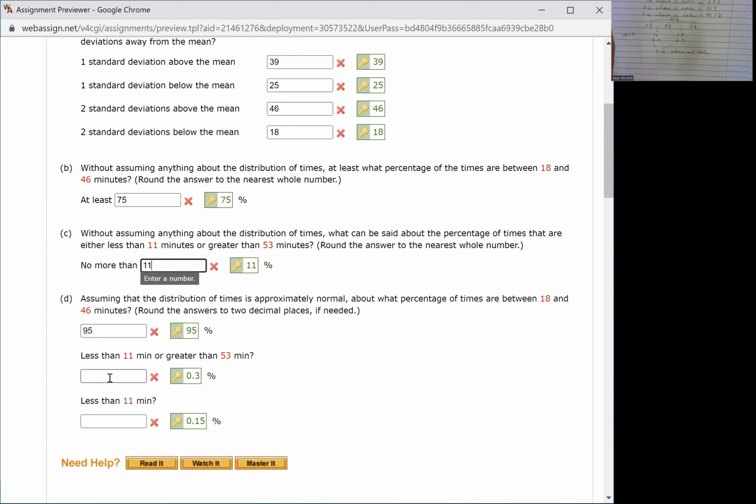Okay, now, less than 11 and greater than 53. That's outside the range. So what we need to do is to find the percentage in the range and subtract it from 1, and that'll give us outside the range. Okay. So yeah, 32. And we have 11 and 53.